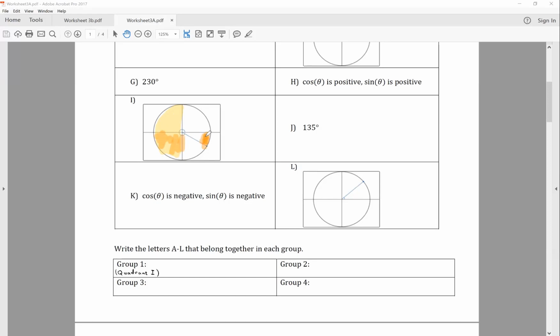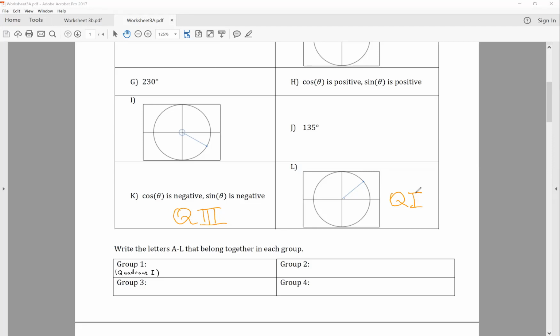Underneath the x-axis. So where they intersect is in quadrant 3. Cosine is negative, or x is negative, and y is negative in quadrant 3. L is just a picture. Hopefully, you know that's quadrant 1.